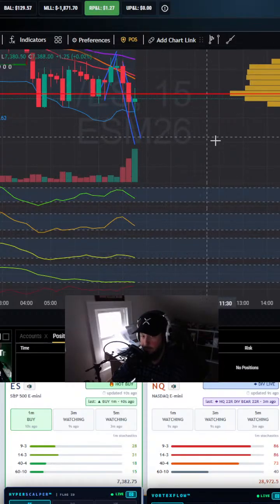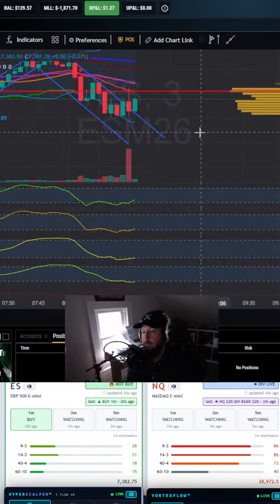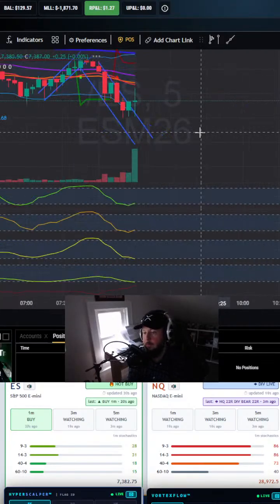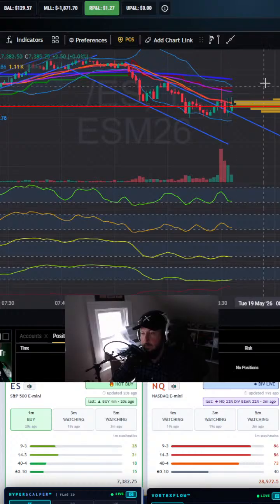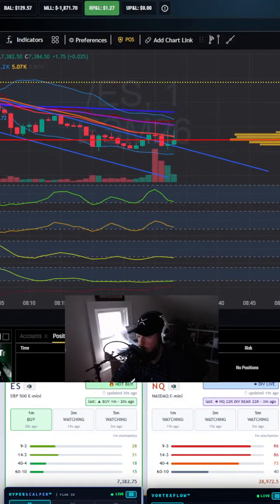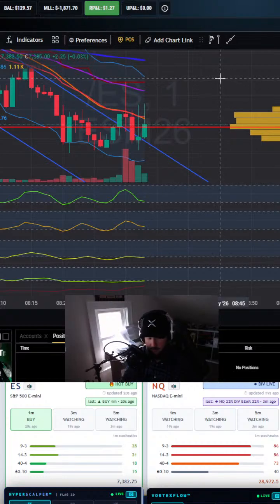So look for long entry. Let's go on a 5-minute, 3-minute. So we didn't break that trend line, but we're still kind of in no man's land there.